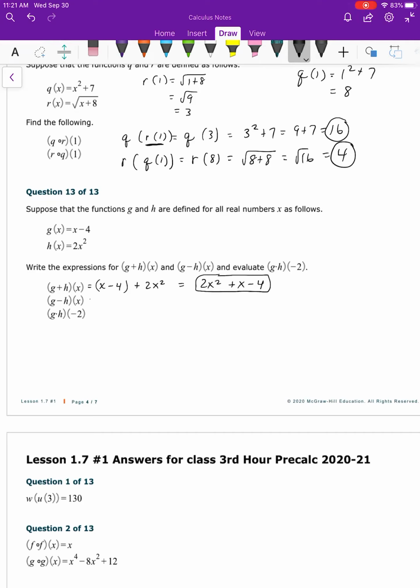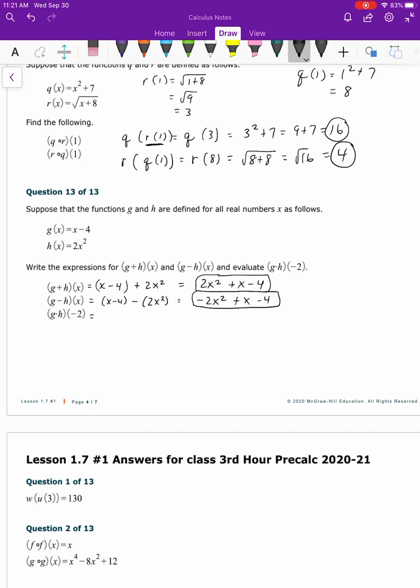Okay, and then G minus H. So I've got my G, which is x minus 4, minus, I'm going to put parentheses, my H. So now I've got negative 2x squared plus x minus 4. That's my G minus H.